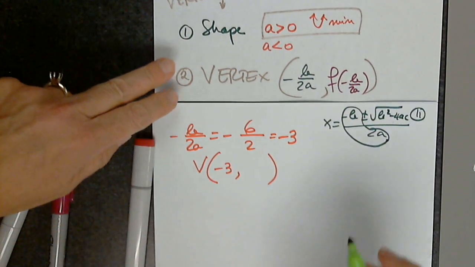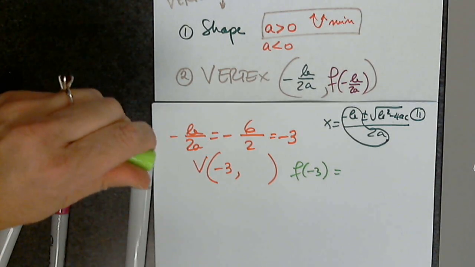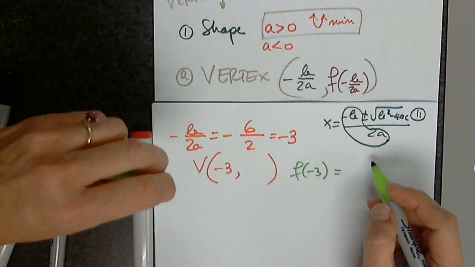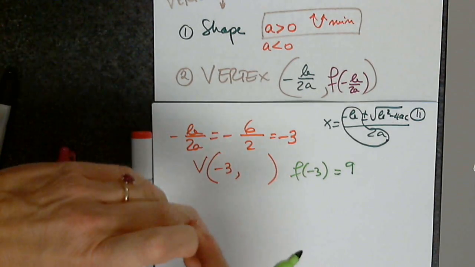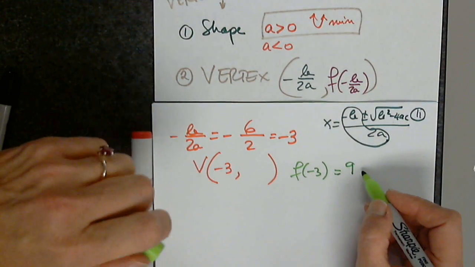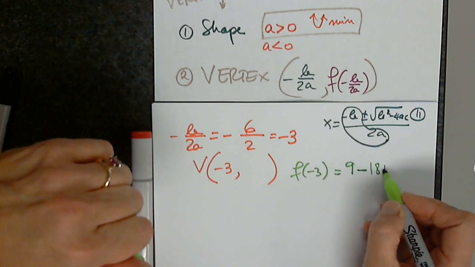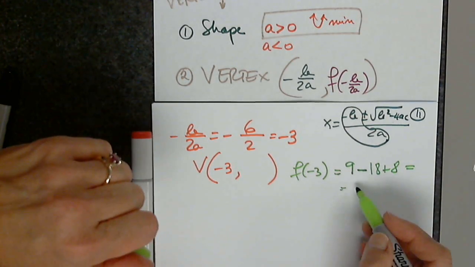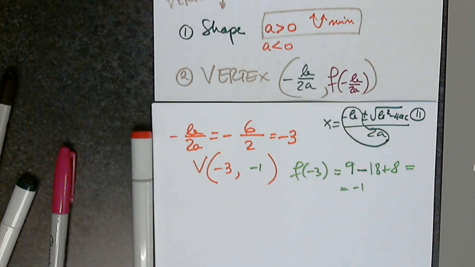Good. So let's say f of negative 3. Of course, you can put it in the graphing calculator if you want to, or negative 3 to the second power is 9. Negative 3 times 6. Good. And plus 8. Excellent. So this is 17 minus 18. It's negative 1. So in step 2, I was able to determine the vertex.